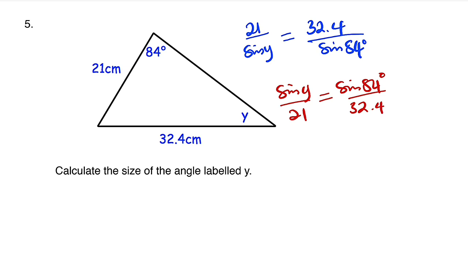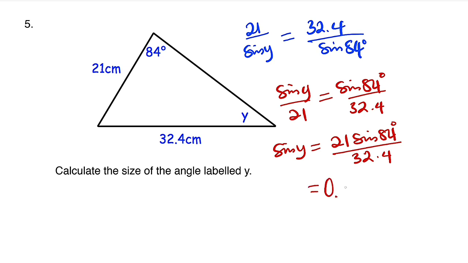All the same. Then you multiply both sides by 21. So we have sine of y equal to 21 sine of 84 degrees divided by 32.4. So let me simplify this first. And this is equal to 0.64416.